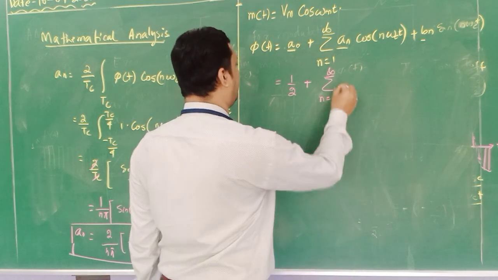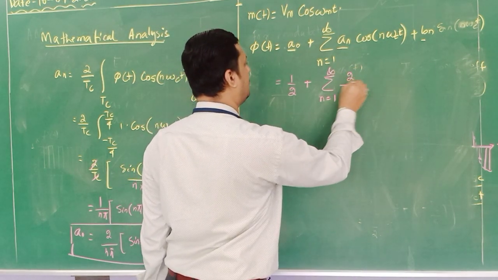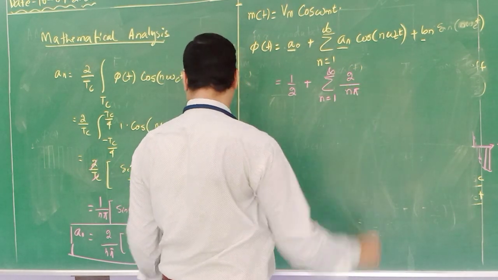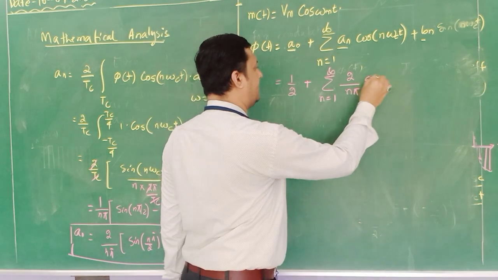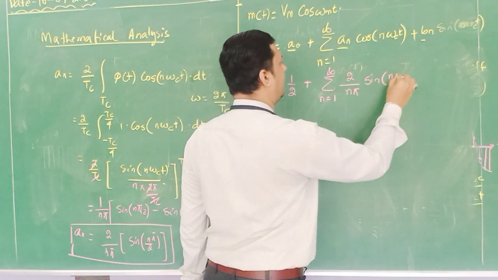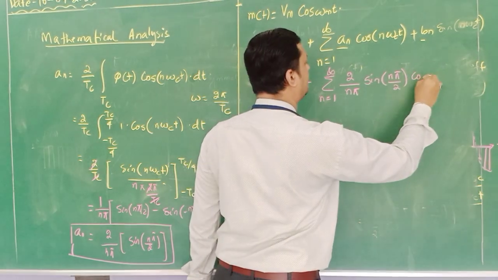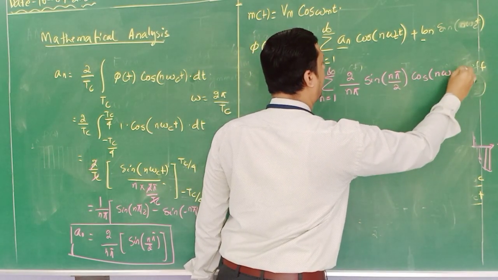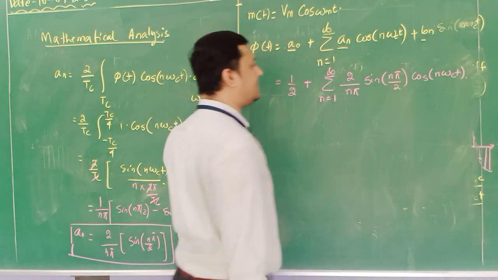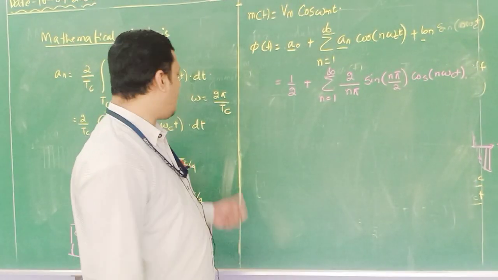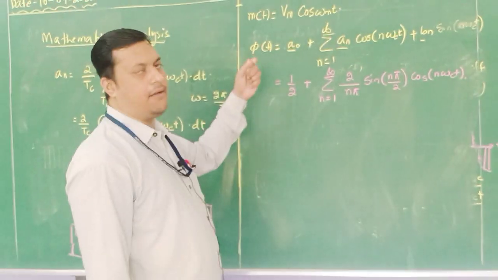In place of An, I will substitute 2 by n pi, then sin n pi by 2, then cos n omega ct. So this is the relation I have derived for this pulse train.